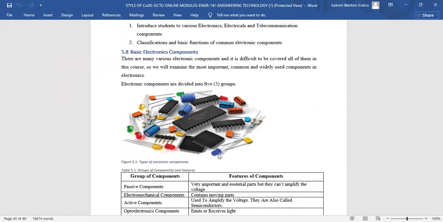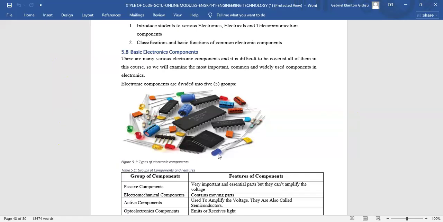There are many various electronic components and it is difficult to cover all of them. So we will examine the most important, common, and widely used components in electronics. So all what you are seeing here are all electronic components.